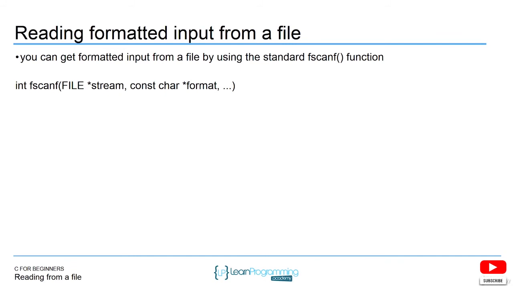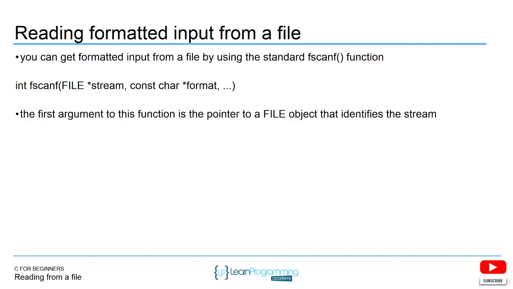This fscanf function takes a file pointer stream and then a format. The format is just like the printf format specifiers that you use. So if you want to read in integers or doubles, you can specify data inside the file that are integers and doubles, and it will read that until it sees, just like the scanf, a white space character.